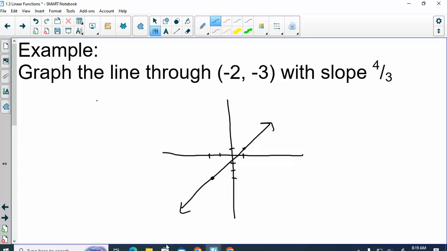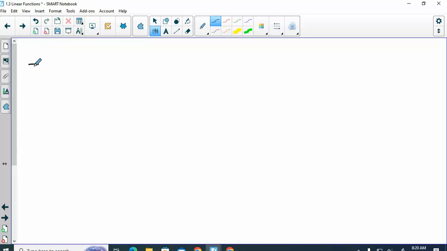What if I started asking you if these lines were increasing, decreasing, or constant? What does it mean if a line is increasing? It has a positive slope. Yeah, it's positive slope. It's going up from left to right. So increasing means it rises left to right.